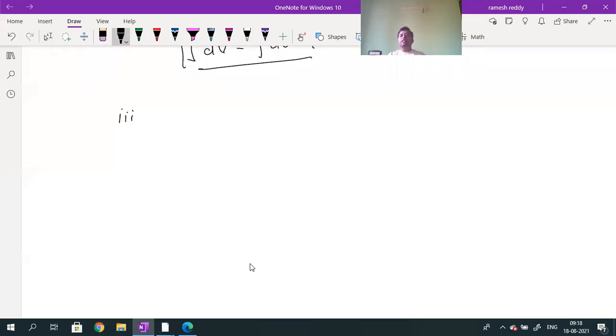And the third equation, which is important. Acceleration is dv by dt, instantaneous acceleration. Here velocity is a function of time, and displacement is also a function of time.